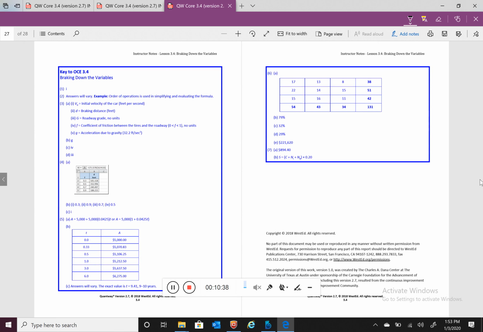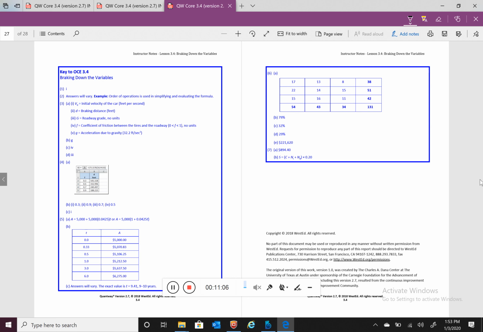So I would encourage you for every single lesson, read all of the instructor notes and then do the student notes as if you were a student. But then in the margins, a good idea is to make some notes. Well, what should I be doing now? Should it be a class discussion, small group, individual time? And then also, how much time do I plan to spend on each section?